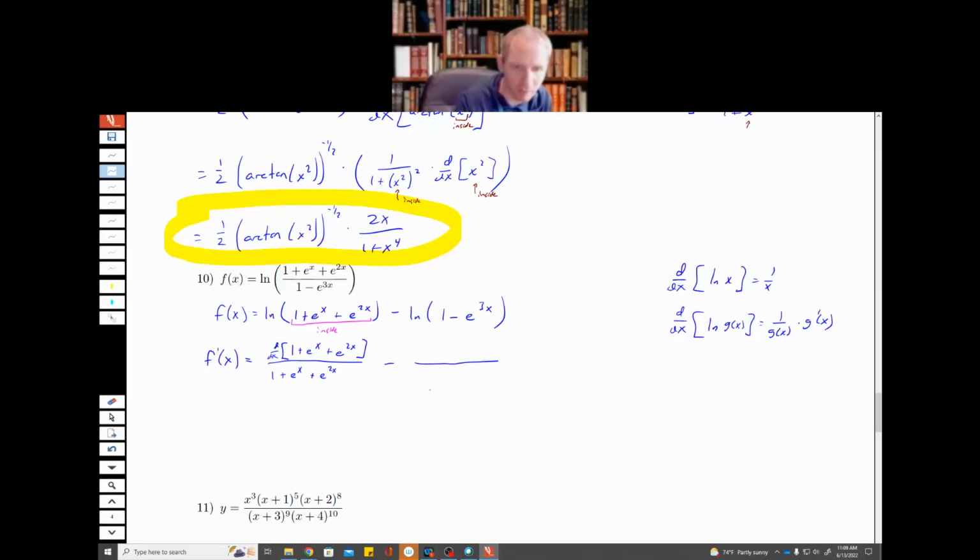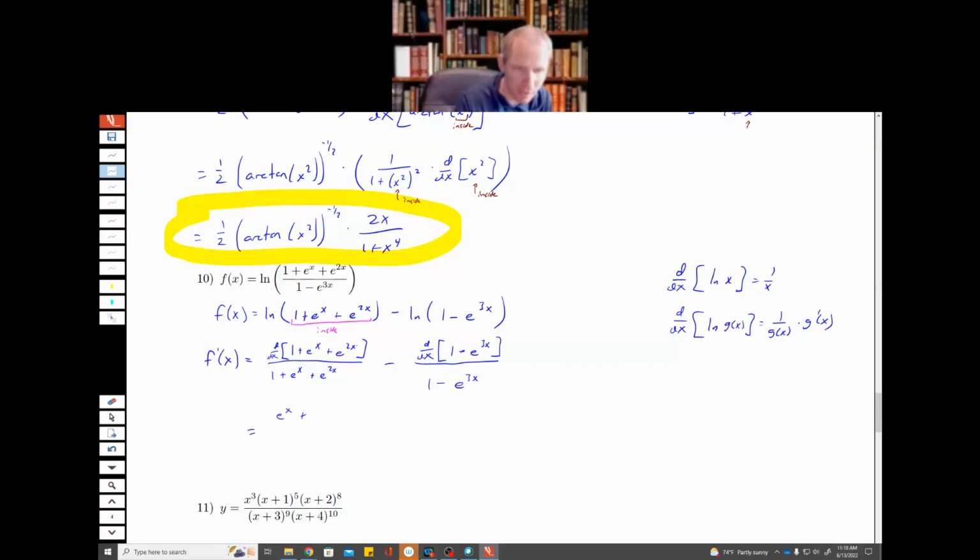Okay, same thing over here. My inside function is 1 minus e to the 3x. So then we have times the derivative of 1 minus e to the 3x. Okay, so now let's go ahead and do our derivatives. The derivative of 1 is 0. The derivative of e to the x is e to the x. The derivative of e to the 2x, I'm doing the chain rule.